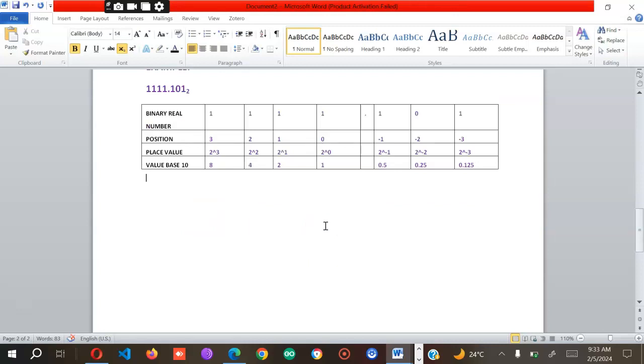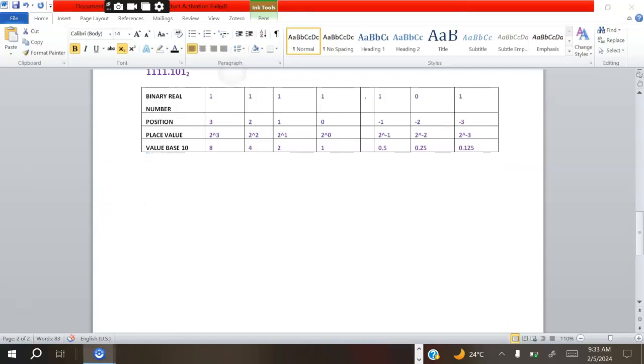So I will multiply 8 by 1, plus 4 multiplied by 1, plus 2 multiplied by 1, plus 1 multiplied by 1.